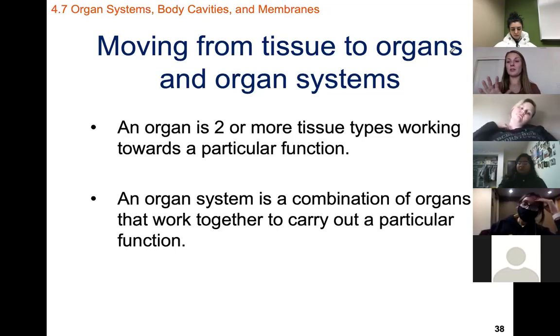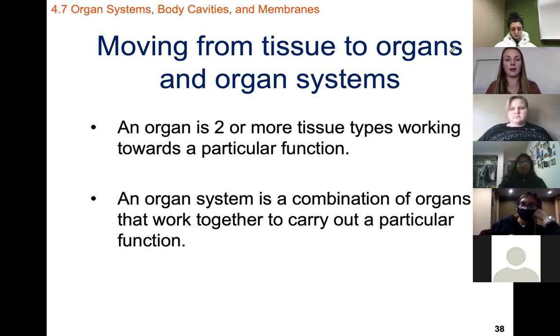So you have a couple types of tissues that make up an organ. So think of my lungs. My lungs are made up of smooth muscle tissue, but we also know that they're made up of connective tissue and probably some fibrous connective tissue as well. And it makes up my lungs. And you guys probably have a picture of what lungs look like in your head, kind of 2 peachy looking organs.